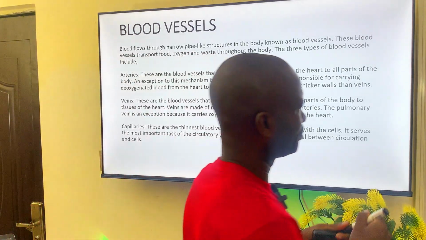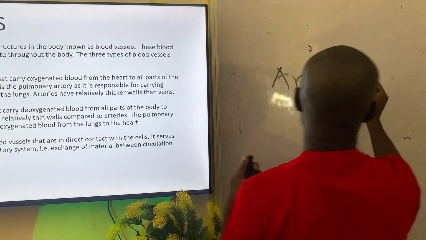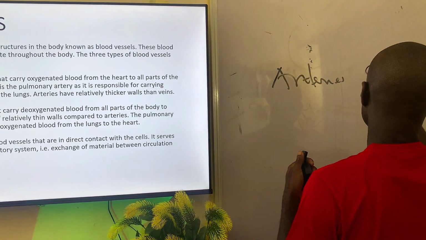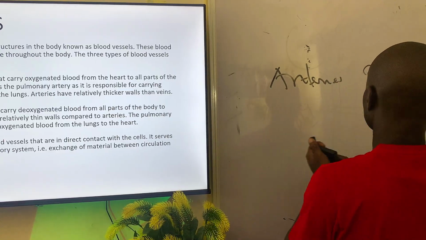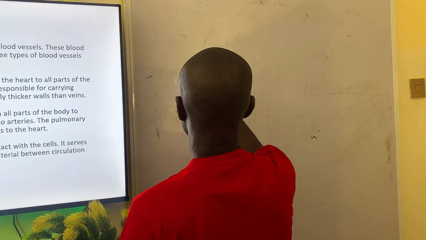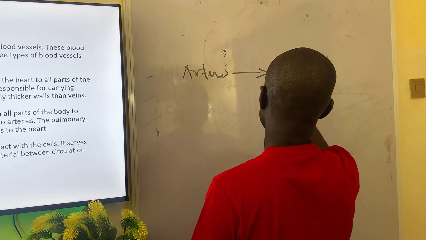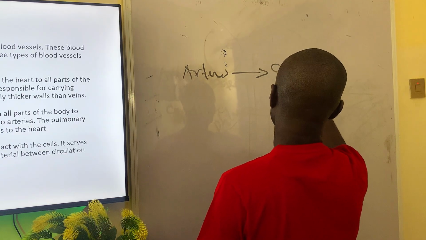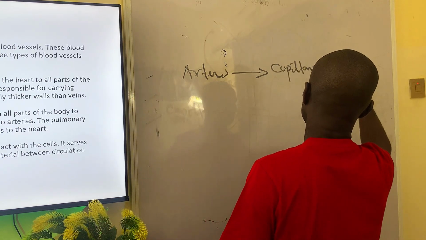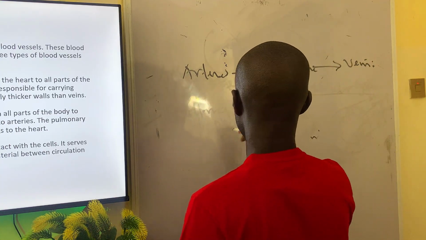They are in this form. Here is the artery, and in between the arteries and the veins are the capillaries. So they are in this format.